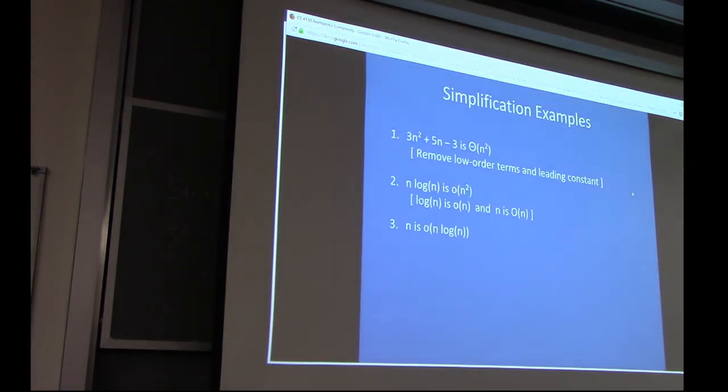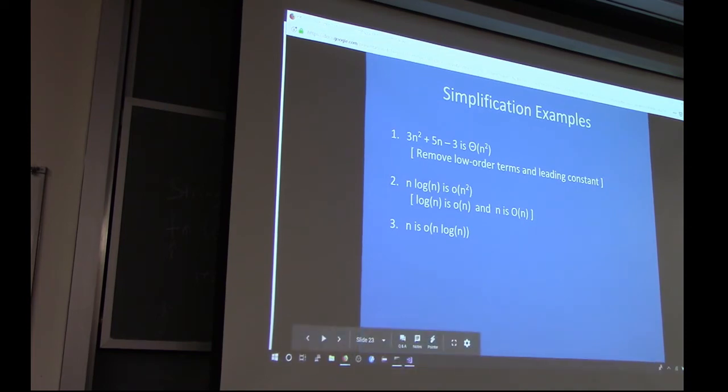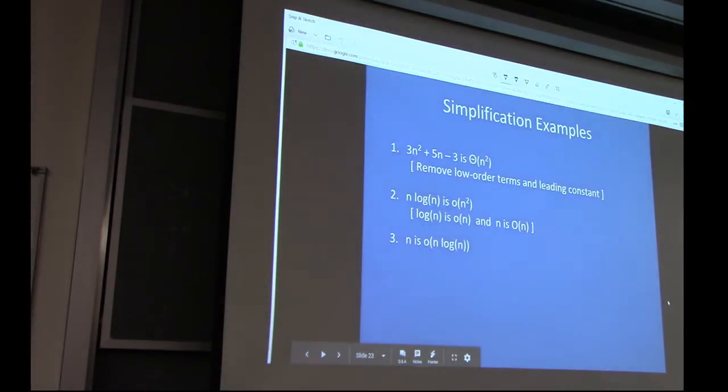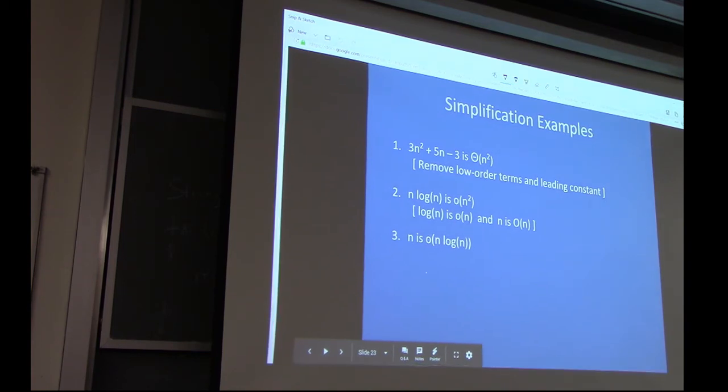So we did that. Okay, how can you show that n is little o of n log n? How do I split it up? Yeah. Represent n as n times 1, and then we make comparisons between factors. Okay, so we could do n times 1, and we could do n times log n.